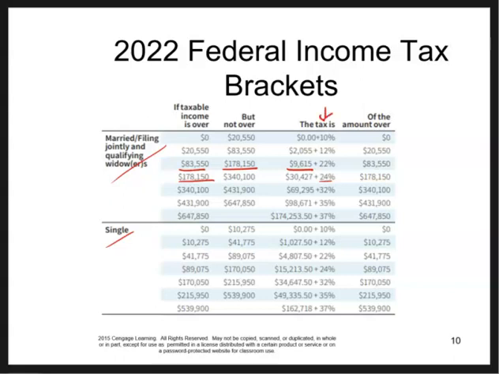If you're at 22% in the first case, between $83,550 and $178,150, then 24% if you're between $178,150 and up to $340,100. I guess I should say up to $340,100 is the correct way to say that.